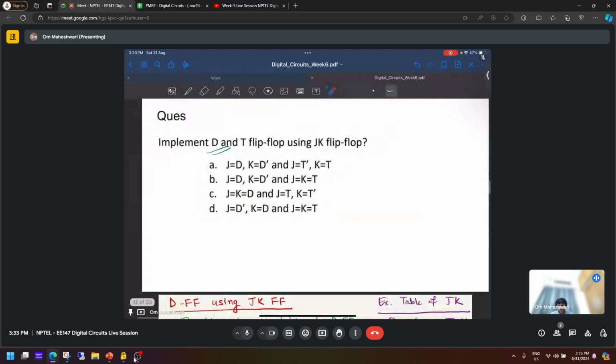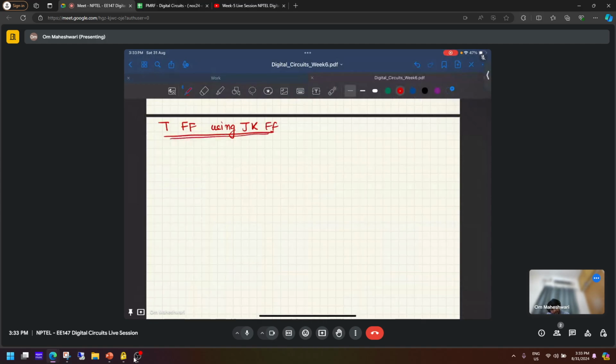So for the T flip-flop, again, first we will write the characteristic table of the T flip-flop and the excitation table of the JK flip-flop.